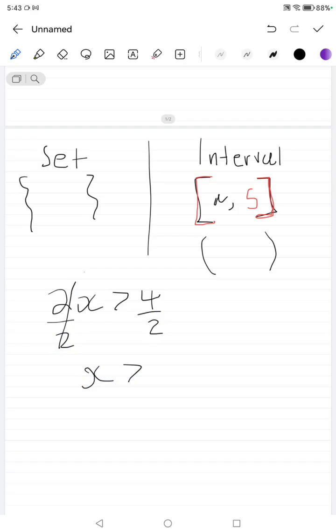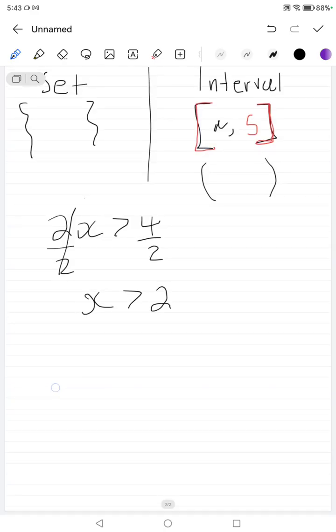Then your x will be greater than 2. Then if you're going to represent this using a number line, here you're going to have your 0. This is where you're going to have your 2. Then you're going to go and shade this side. From this sign that you have, your x should be greater than 2, it means your sign is going to be going that side.